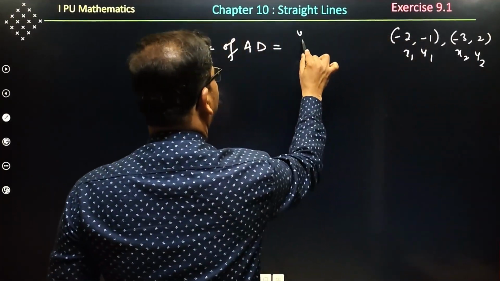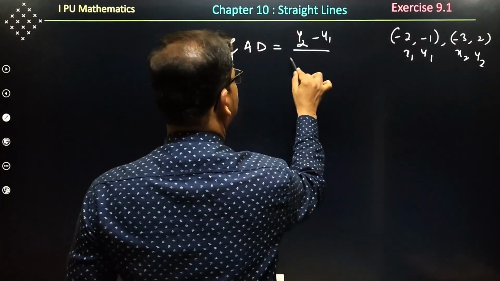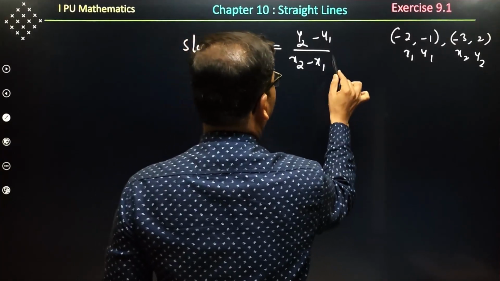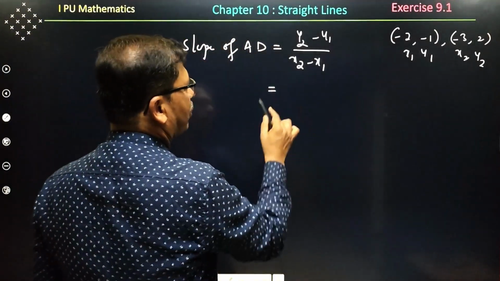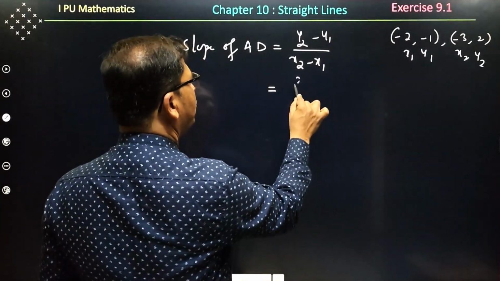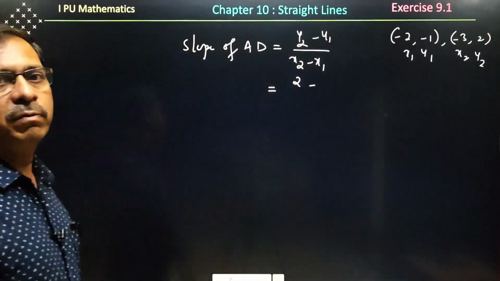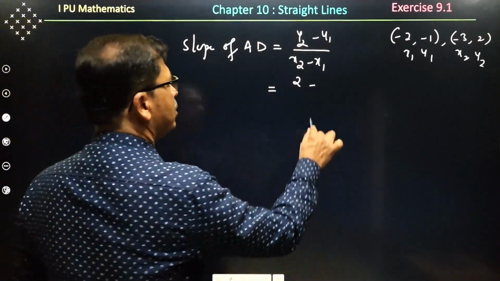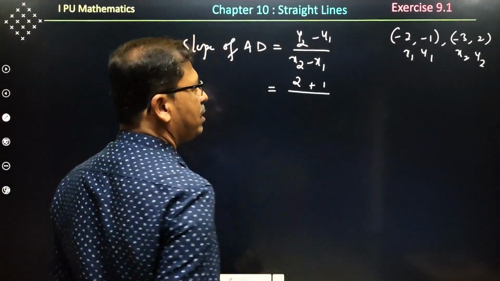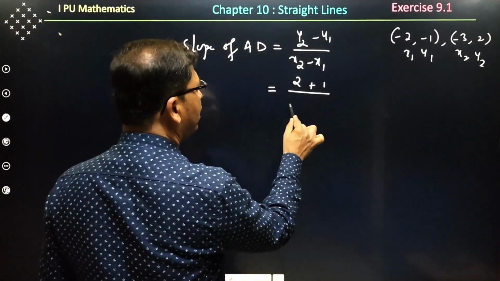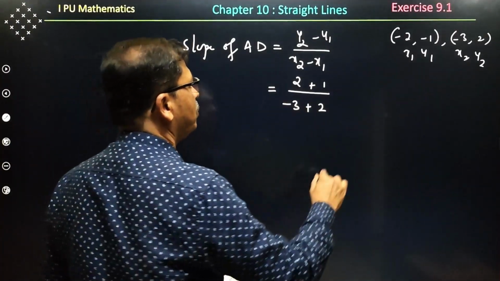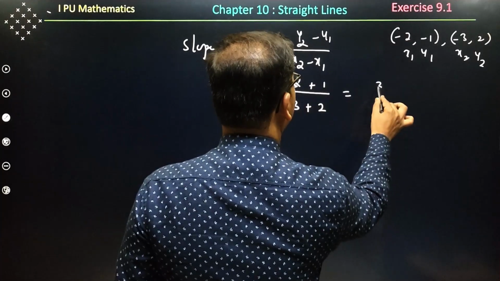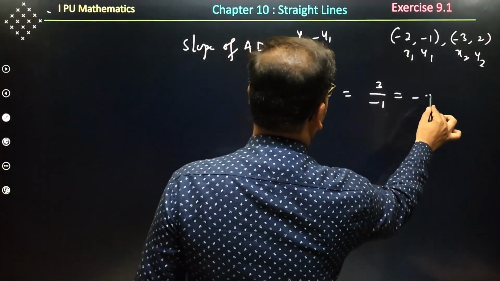The formula is y2 minus y1 divided by x2 minus x1. Let us substitute the values here. y2 minus y1, what? y2 is 2, y1 is minus 1. Minus into minus becomes plus. So write plus 1 divided by x2 minus x1. x2 is minus 3 and minus of minus is plus, so it is minus 3 plus 2. So the answer is 2 plus 1 is 3. 3 divided by minus 1, which is equal to minus 3.